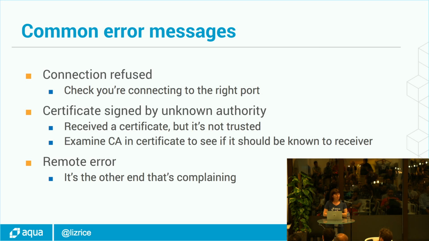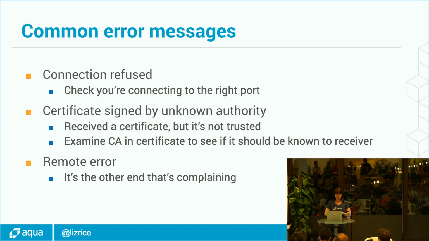And then finally, the error messages that you see. If you ever see connection refused, you're probably addressing the wrong port. If you see certificate signed by an unknown authority, it means you've received a certificate, but you don't trust the CA that signed it. So if you're in that situation, you might want to use something like OpenSSL to examine the certificate and find out who did sign it.